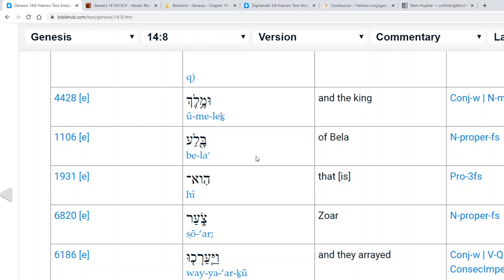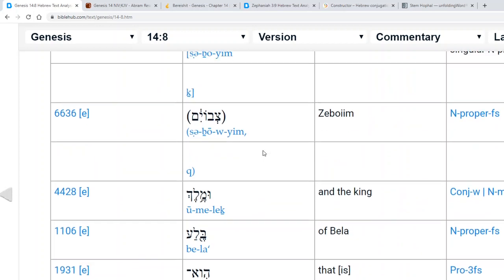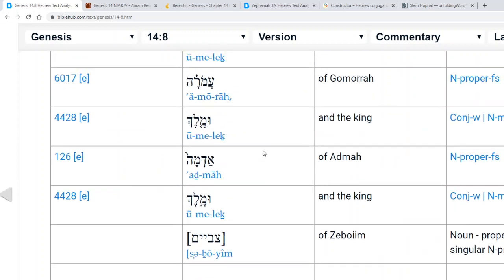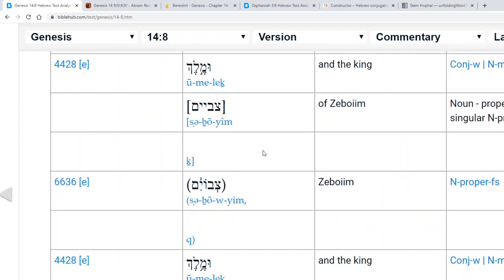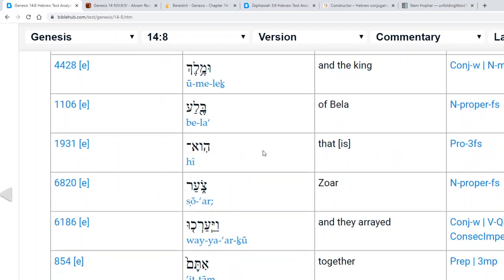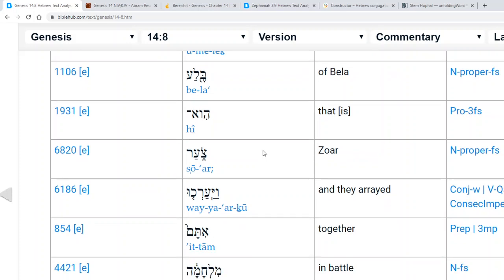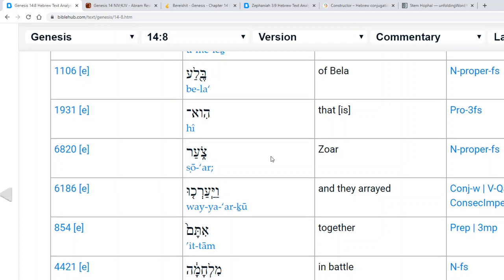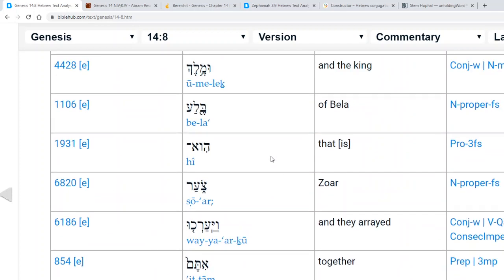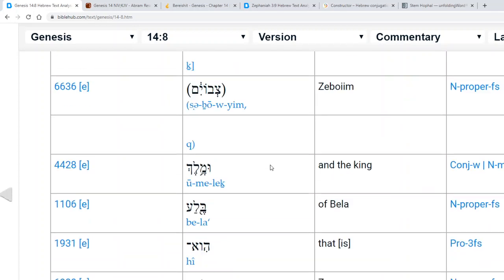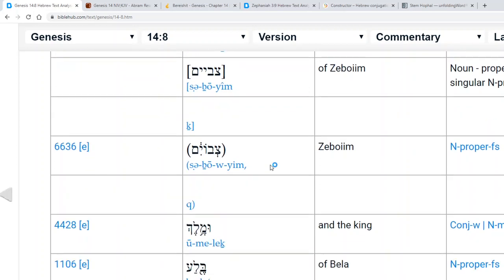And the king of Bela, and again, it's very similar language. Hitzor.